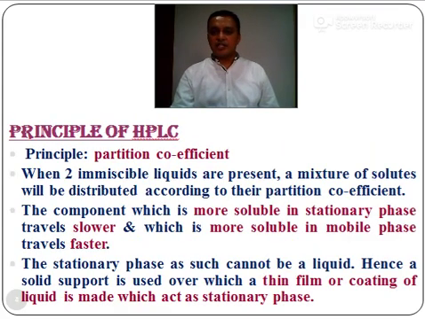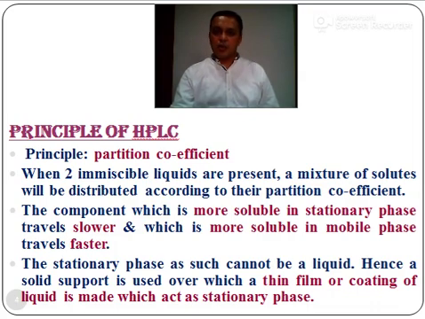The principle of HPLC: the separation in this chromatography is based on the partition coefficient. There are two immiscible liquids. One is the solvent system used as the mobile phase, such as acetonitrile, methanol and buffers.